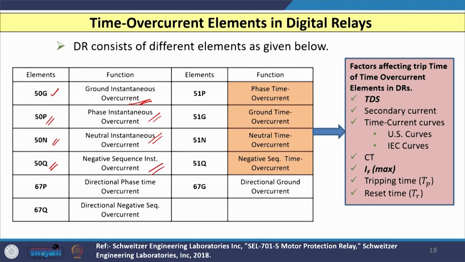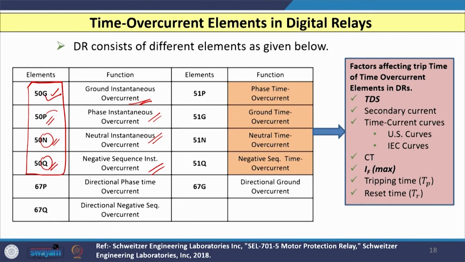So, in all these 4 elements, it starts with the number 50 and then for ground the notation is G, for phase P, for neutral N, for negative sequence Q, where the number 50 remains common in all these 4 elements.